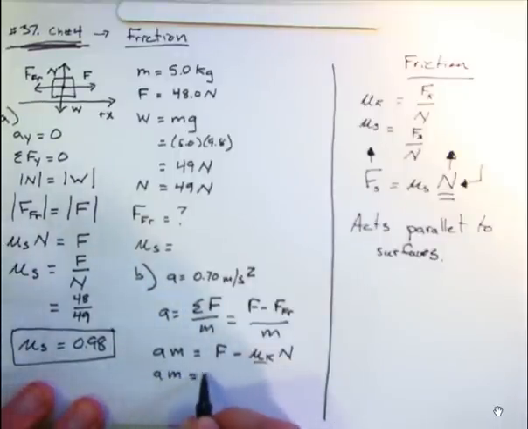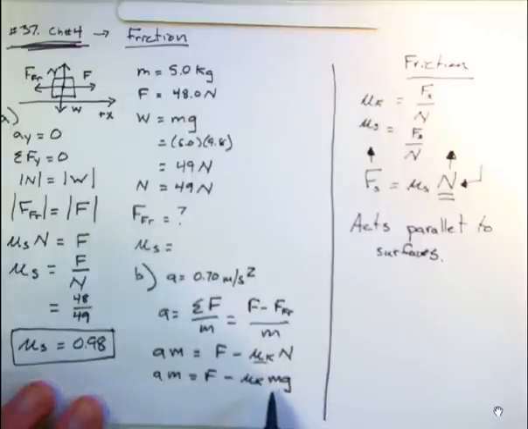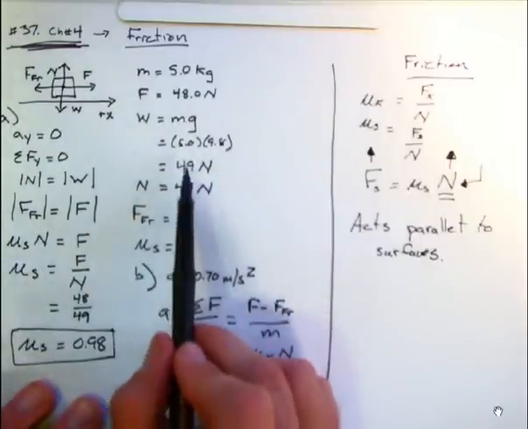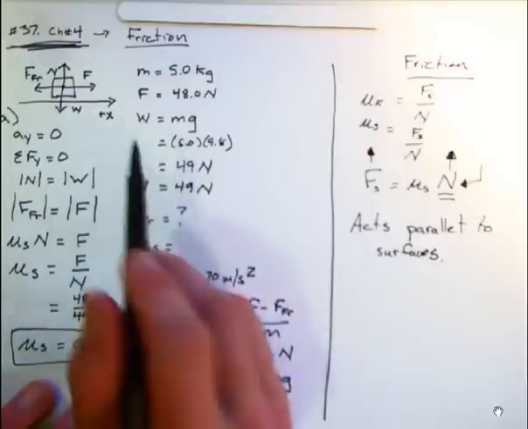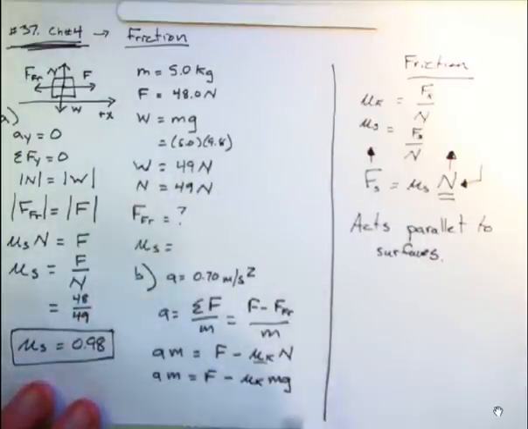If we take this a step further, plugging in for the normal, which is equal in magnitude to the weight, we've got mg for the normal force. Notice that both the weight and the normal force are equal to each other. Now, we're going to have to do a little bit of algebra here.